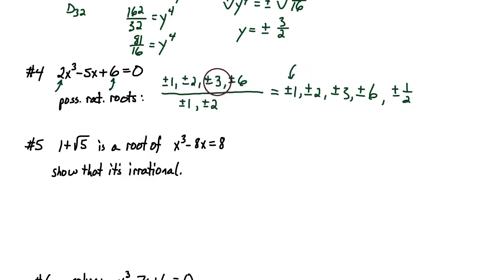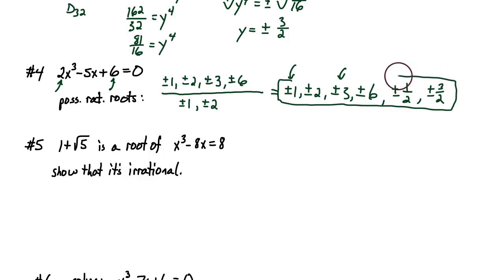The 3s in the top divided by the different kinds of 2s in the bottom make positive or negative 3 over 2. And the 6 in the top divided by the 2s makes positive or negative 3, which we already have in our list. So this list of, is that 12 numbers there? That list of 12 numbers are the possible rational roots.